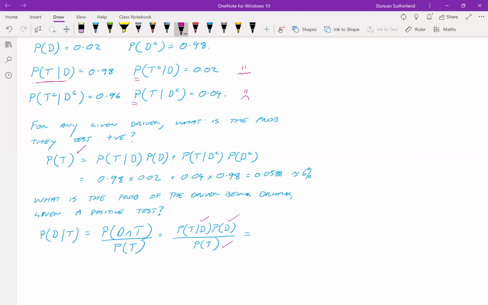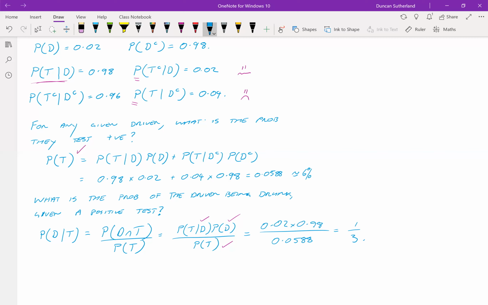So we know all of this information. So we can stick the numbers in. Right, and I'm reliably informed that this is actually 1/3.